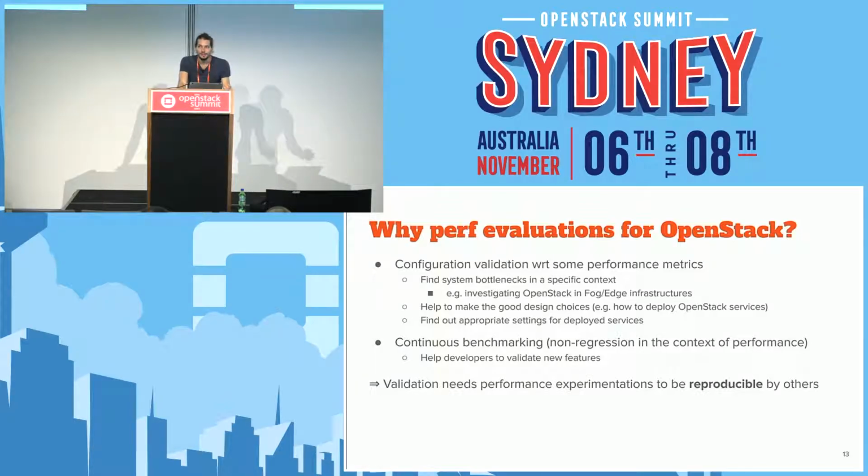Furthermore, it can be used by developers to validate new features by checking that a new feature does not bring performance regressions. So we need to evaluate the performance for that. A very important point is that if you want to validate some stuff, you need your performance experimentation to be reproducible by others. So that would be a goal for us.